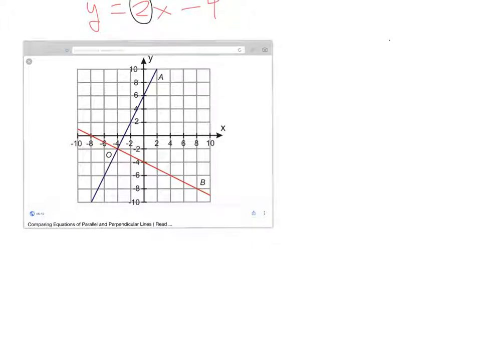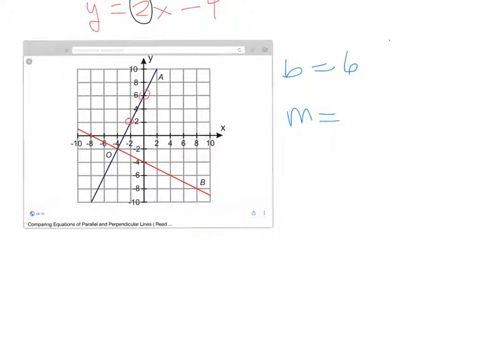Now we have perpendicular lines. Let's find the equations for these lines as well. So starting with the blue line, the y-intercept is 6, and we want to find the slope. So we want to find the change in y over the change in x. So let's go from this point right here to that y-intercept. That first point, we are starting at a y value of 2, and we're going up to a y value of 6.